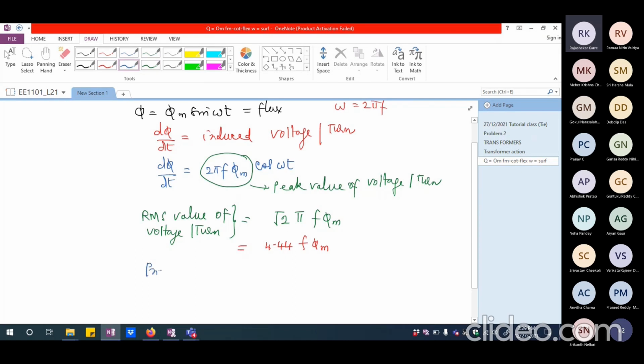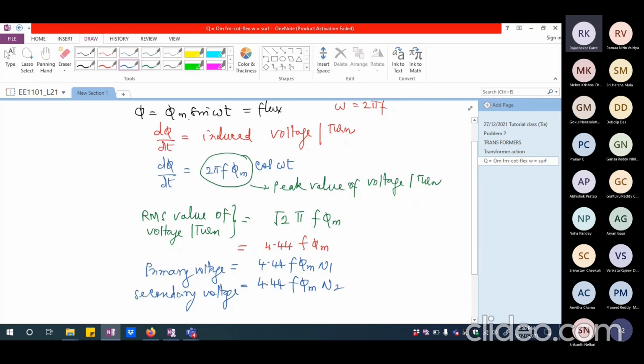From this equation, I can say primary voltage is 4.44 f phi m multiplied by N1, where N1 is the primary winding turns, and secondary side voltage is going to be 4.44 f phi m multiplied by N2.